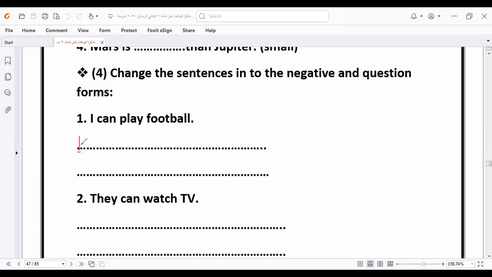Here I will do the negative form. The first is "I can play football." I would like to say that I don't have the ability to do this action, so the answer would be "I can't play football," because I'm tired or I don't know how to play it.